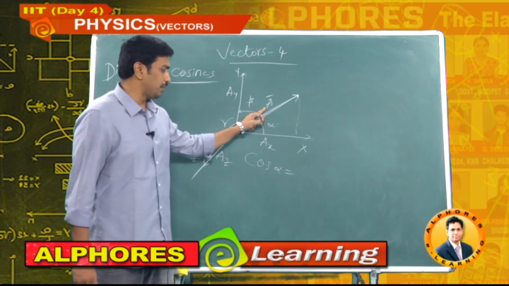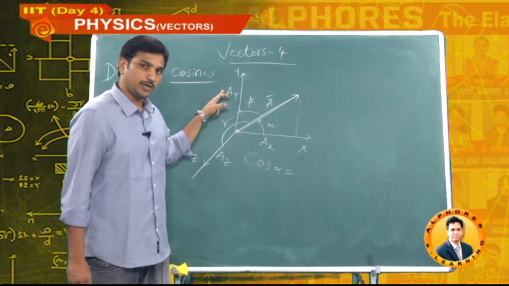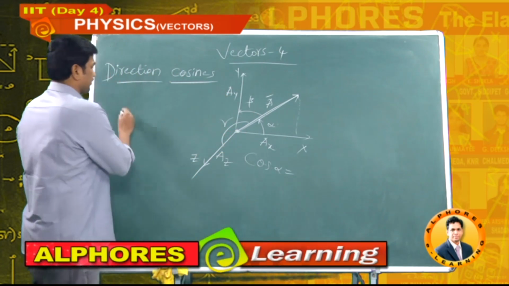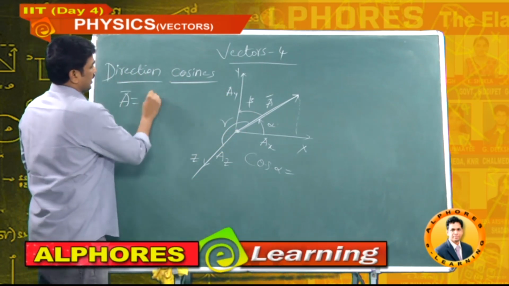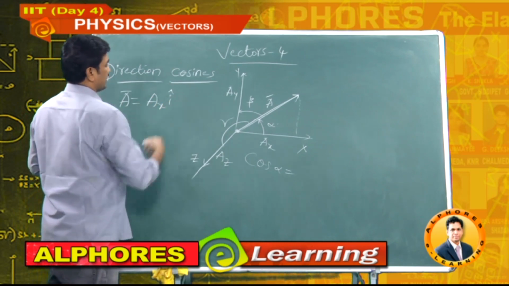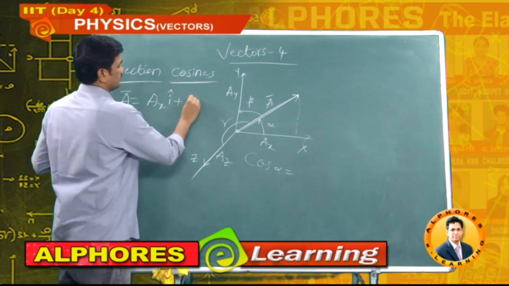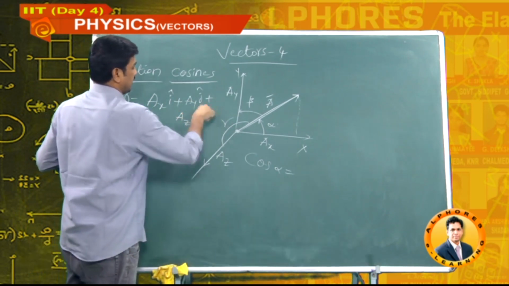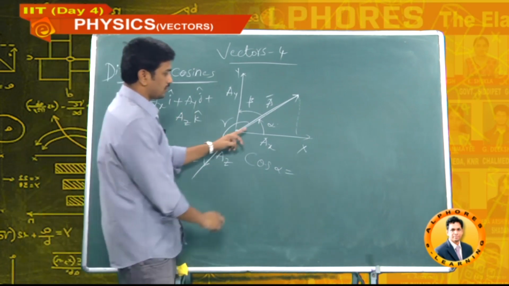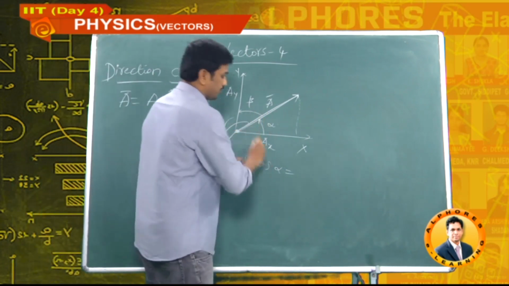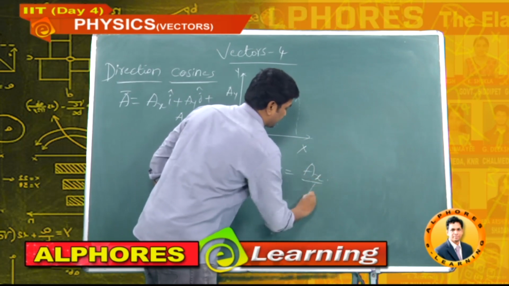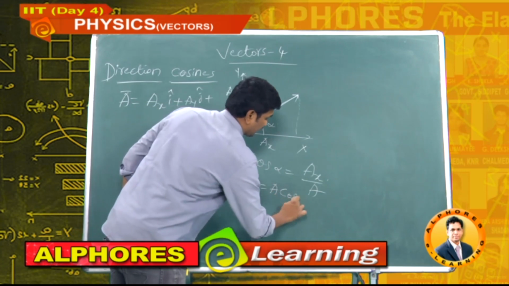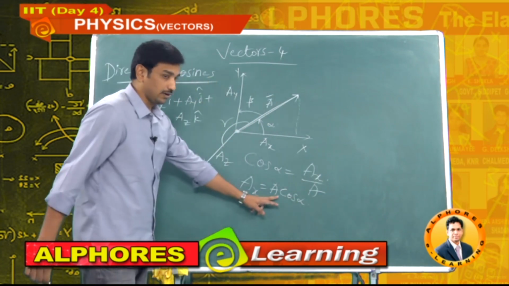I will write here: a bar is equal to ax i cap plus ay j cap plus az k cap, three components. Now cos alpha, adjacent side by hypotenuse, is ax by a. What is ax now? A cos alpha.